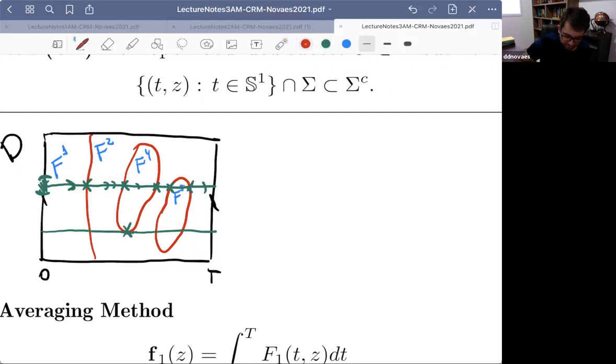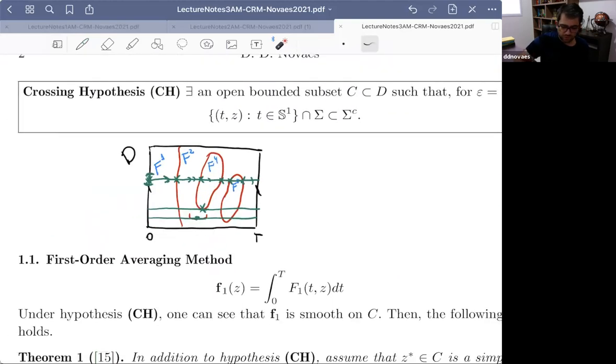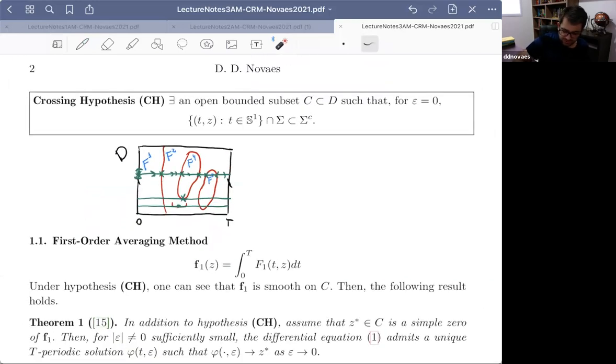We couldn't have things like these, because here we would have a sliding region. So we just have to assume that for a region of the initial conditions, the trajectories of the unperturbed system, that is, these lines, intersect the discontinuity manifold transversely.